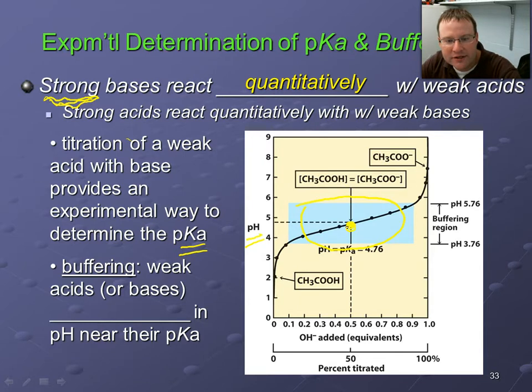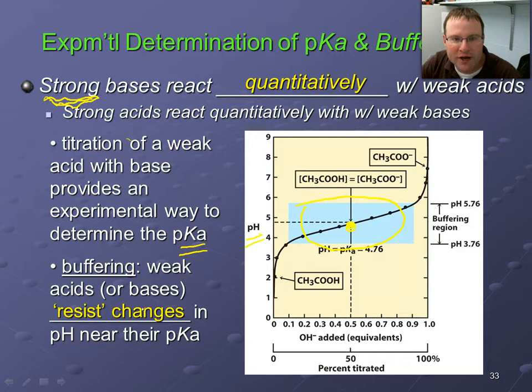But what you notice at this point, where there's the least amount of change in the buffering region, is that the pH values around this pKa value don't change as quickly, again in quotes, as a function of added hydroxide. So what we know about weak acids and weak bases is that they tend to resist changes in pH near their pKa.